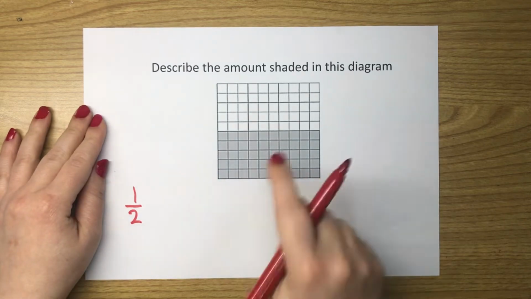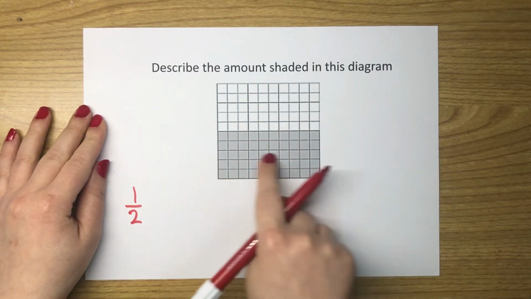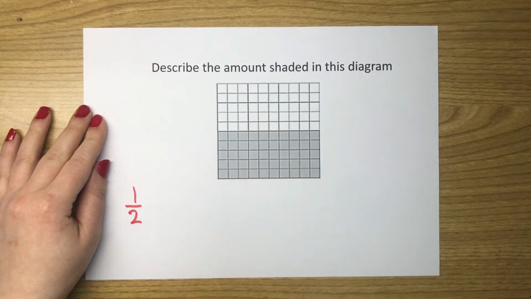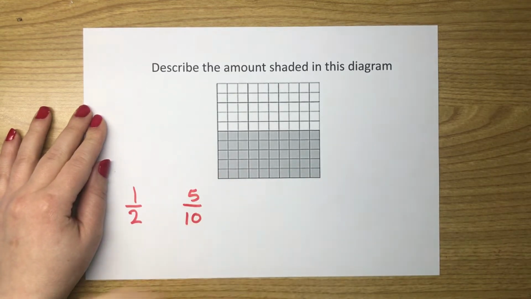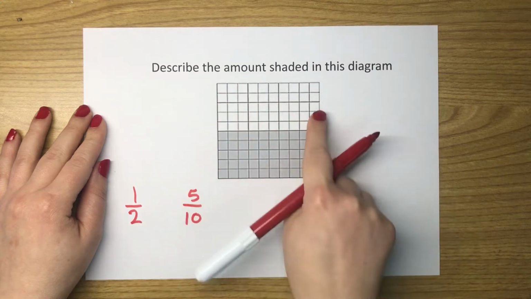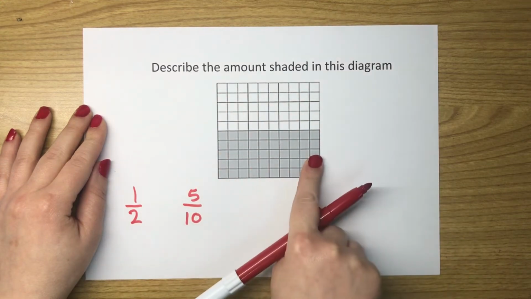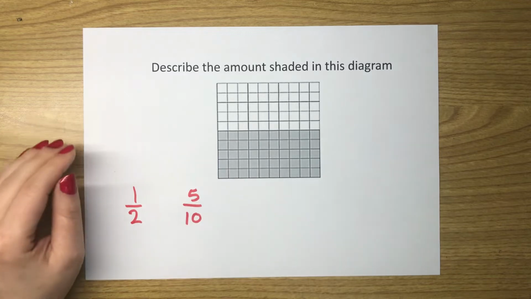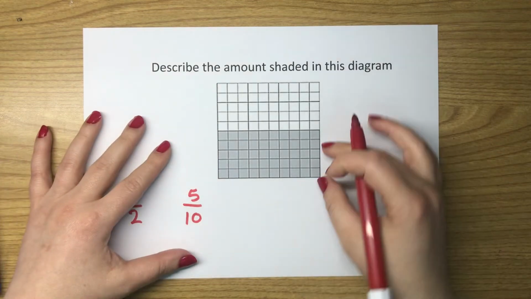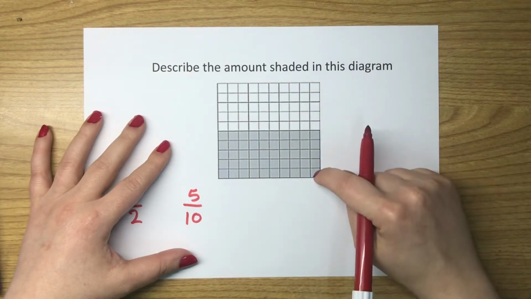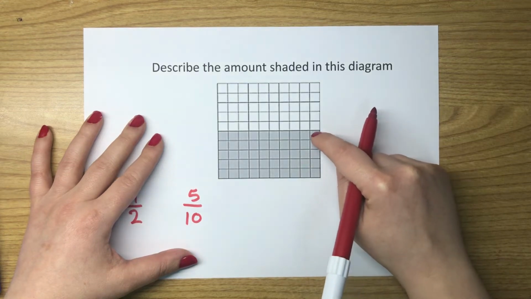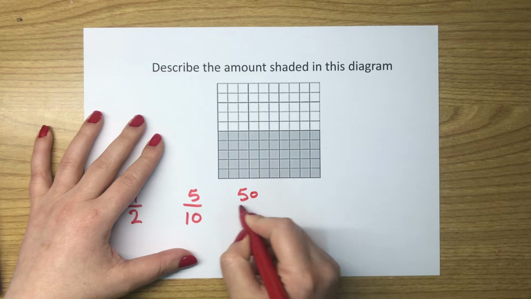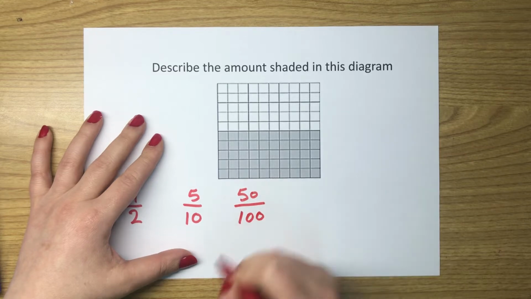Another way, I have 1, 2, 3, 4, 5 shaded out of 10. Because I have 10 rows, 5 of them have been shaded, so it is 5 over 10. Or you can say that each row has 10 parts, 10, 20, 30, 40, 50. 50 parts have been shaded out of 100.